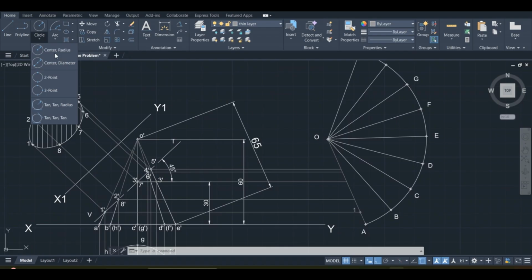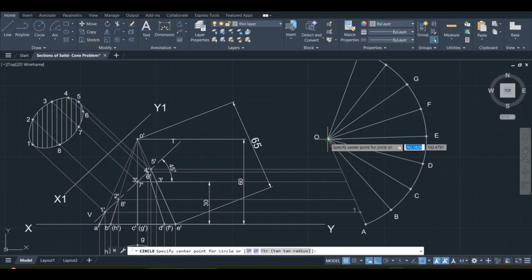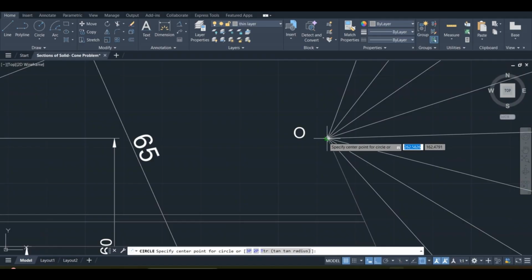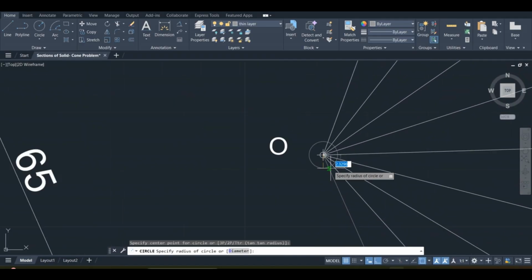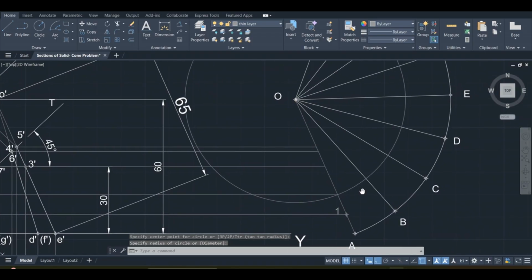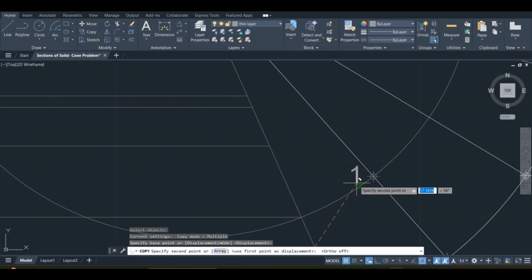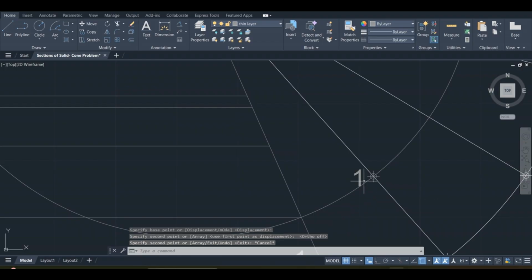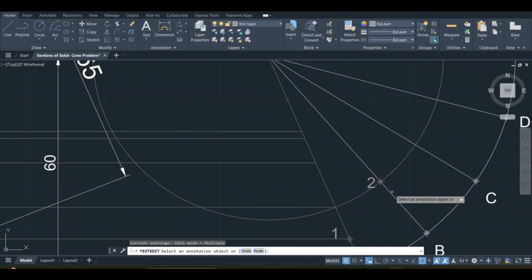So here I am using the circle center and radius. This is my center point O, and the radius is up to this point. So now this circle is intersecting the BO at this point. There I am keeping a point, and the point name is 2. This is point 2.